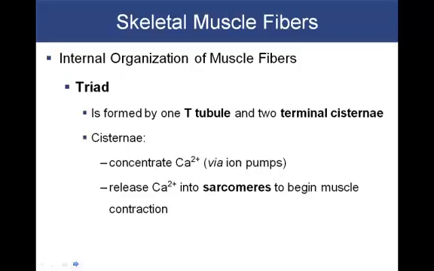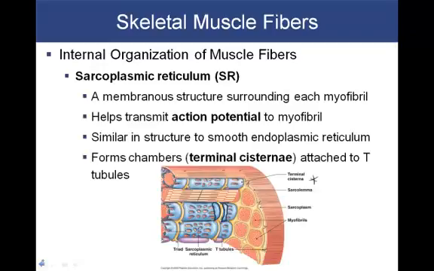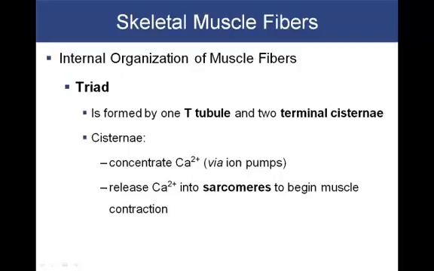When we have one T-tubule and two terminal cisterna, we have effectively a triad. Here's the term and the figure, and this includes, again, one T-tubule and two terminal cisterna. And the function of the triad, and namely the terminal cisterna, is to hold and concentrate calcium ions.